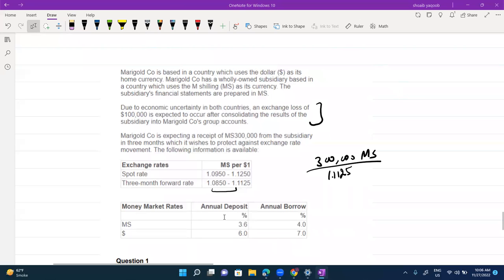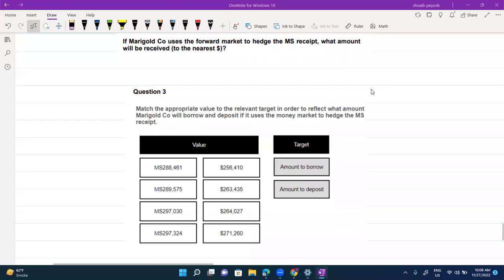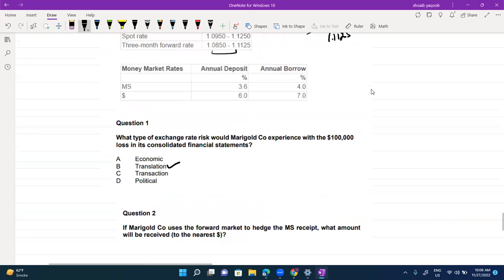Okay, the next says match the appropriate value to the relevant target in order to reflect what amount Marigold company will borrow and deposit if it uses the money market to hedge the MS receipt. तो MS receipt आनी है 300,000 MS. बाहर से आने हैं पैसे.